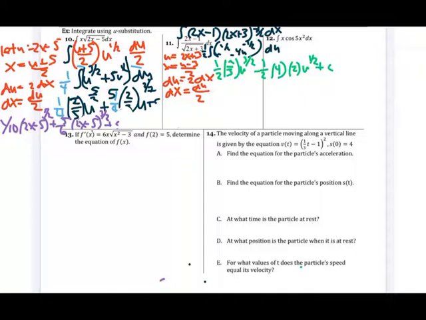And then if I simplify that and substitute back in what u was, I'm going to get 1/3 times 2x plus 3 to the power of 3/2 minus 4 times 2x plus 3 to the power of 1/2 plus c. And I'm going to erase this middle step because I'm running a little bit low on space. Go ahead and pause this video and see if you can work through number 12.